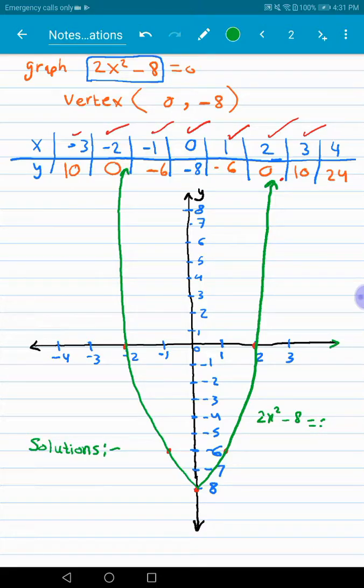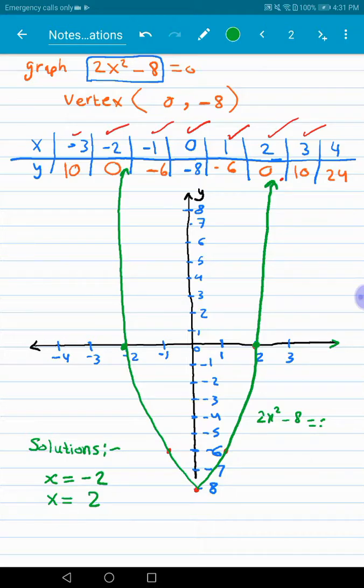As you can see, it cuts the x-axis at x equals -2 and at x equals 2. So there are two solutions for this graph. The first one is x equals -2. The second one is x equals 2.